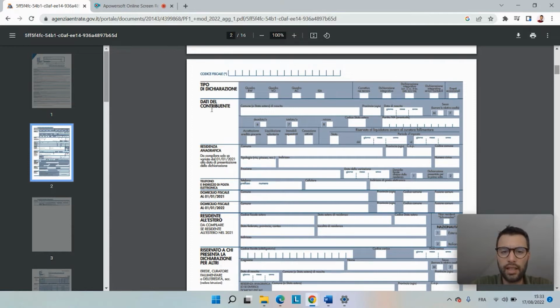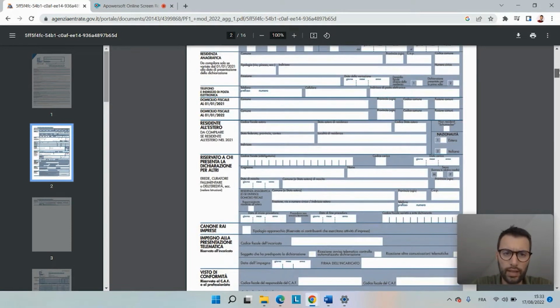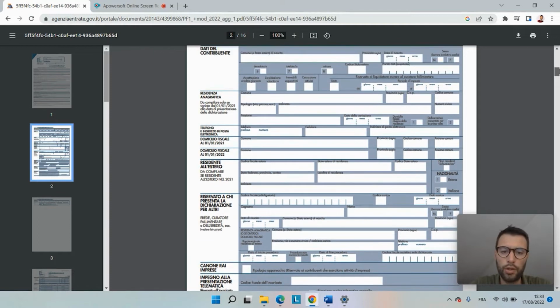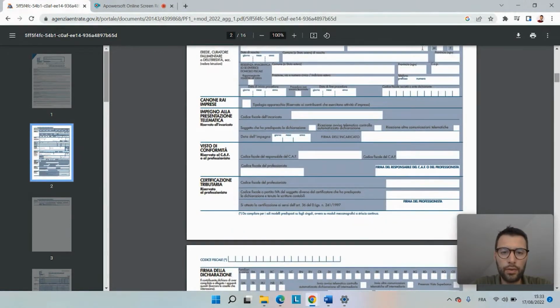So first, dati del contribuente is where you put the commune where you were born, which can be in Italy or abroad. In your case, I'm sure it's abroad. Then your fiscal residence, so the information about where you live. Here, for instance, this is impegna la dichiarazione telematica.